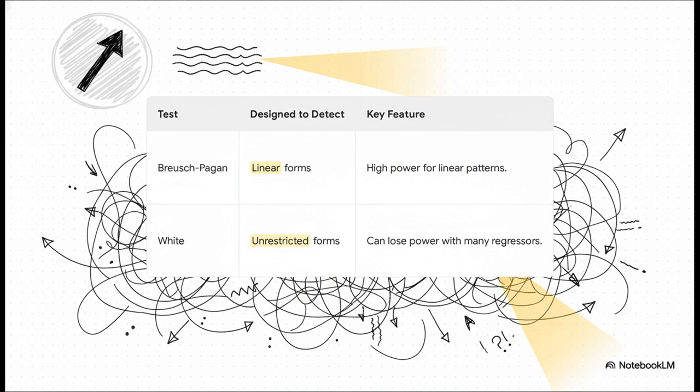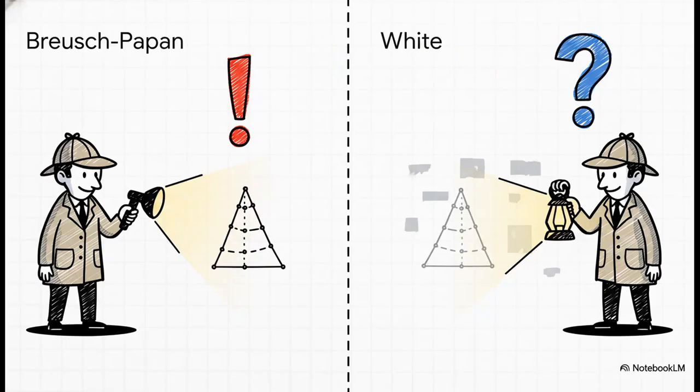But the White test, it's a generalist. By testing everything, the variables, their squares, all the combinations, it has to spread its statistical power really, really thin. It's like trying to listen for one specific whisper in a giant noisy room. By trying to hear everything at once, you might just miss the one voice that matters. So, here's what happened. In our user's case, the problem was most likely a simple linear form of heteroscedasticity.